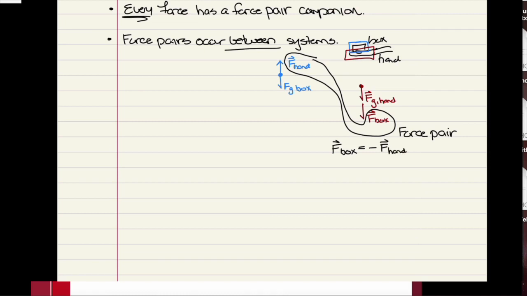I'm writing this as vectors, notice, so that's saying that the direction the force points for F box, which I drew down, is opposite, because of the minus sign, the force from the hand, which points up. Do not confuse identifying force pairs within the same system. Notice that there are two systems here, the blue box and the red hand. And the force pair occurred between two different systems. Objects don't self-interact.